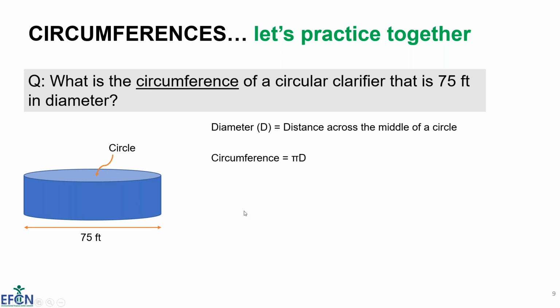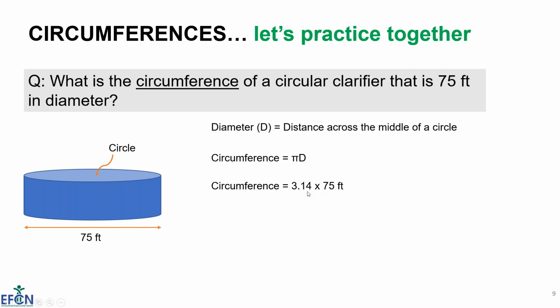We're only looking at the distance walking around that clarifier. So on my formula sheet, I know the circumference of a circle is pi multiplied by d, which is the diameter. And pi is a constant that you will be given in most math problems. It will probably be on your formula sheet, which is 3.14. And this is a truncation. It's a very long number, a never-ending number, but mostly you'll find it written as 3.14.